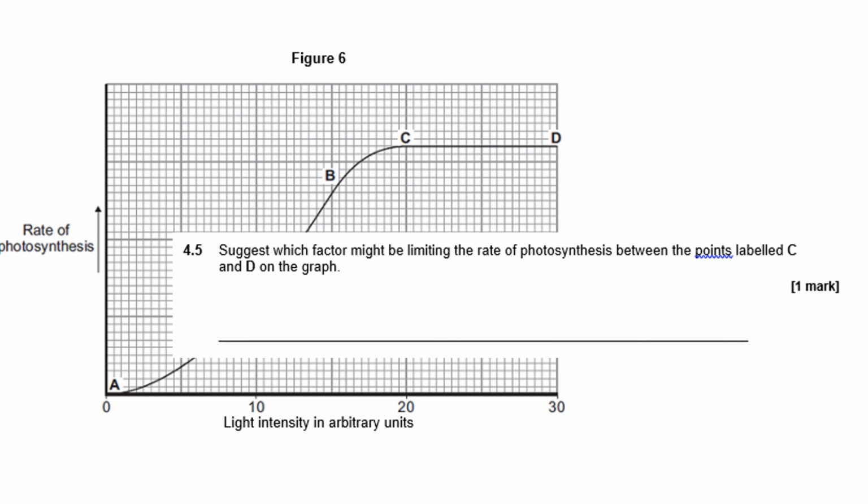So if you have put temperature, or carbon dioxide, or concentration of carbon dioxide, or anything like that, or the amount of chlorophyll, any one of those would be worth a mark. So it's whichever limiting factor it's not showing you on that graph. That's where it's plateauing. And we've got to remember those four: light intensity, concentration of carbon dioxide, temperature, and the amount of chlorophyll.